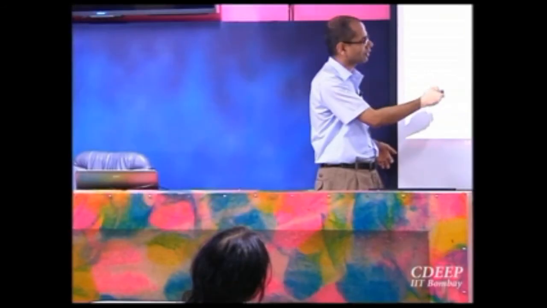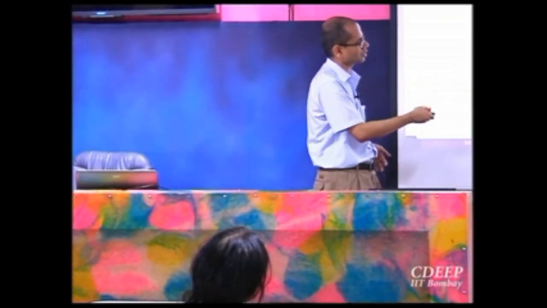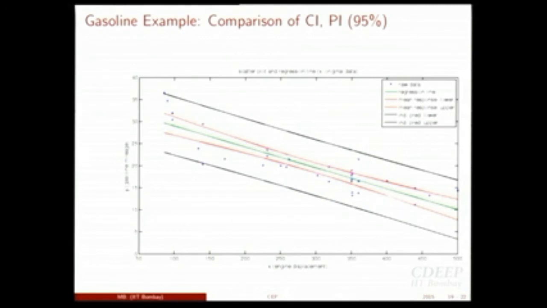And as you move away from x bar, in this direction or this direction, these confidence intervals are increasing. If you look at the equations, which I don't have here, but you can look at the notes in any textbook, you will find that these actually increase quadratically. The width increases as a quadratic function of the distance from x bar.